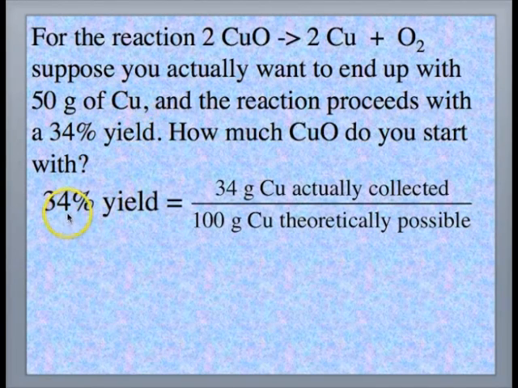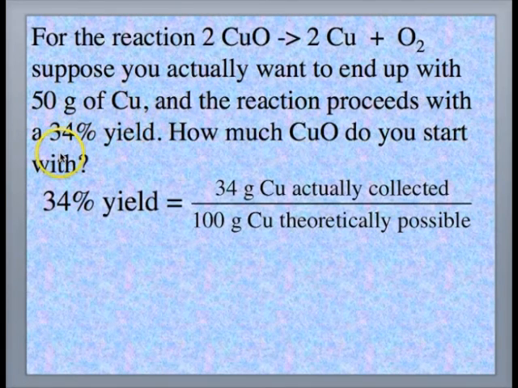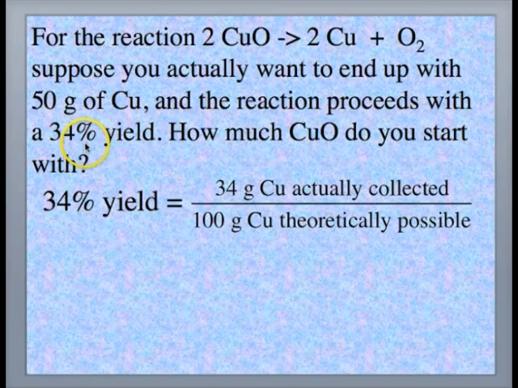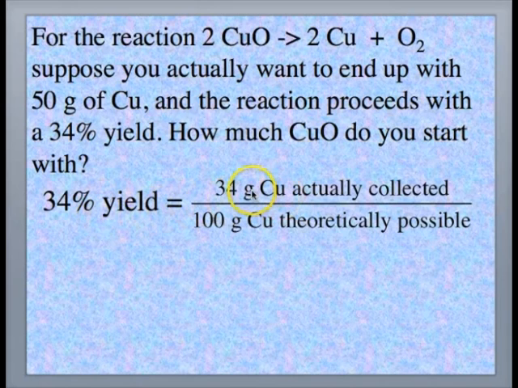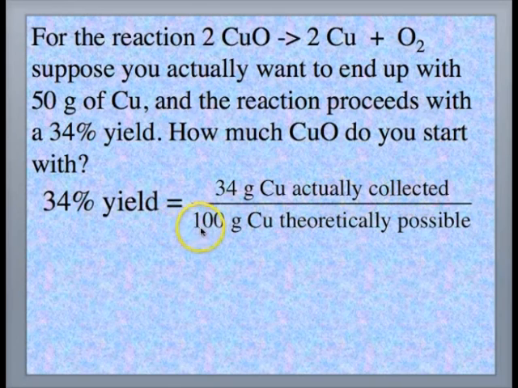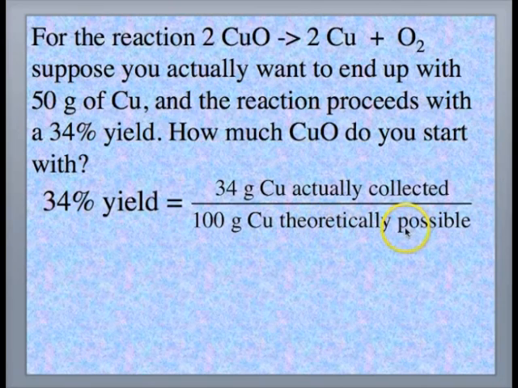So you do that, first of all, by taking this 34% yield and writing it as useful units. And percent means per 100. A 34% yield means 34 grams of copper actually collected divided by 100 grams of copper theoretically possible.